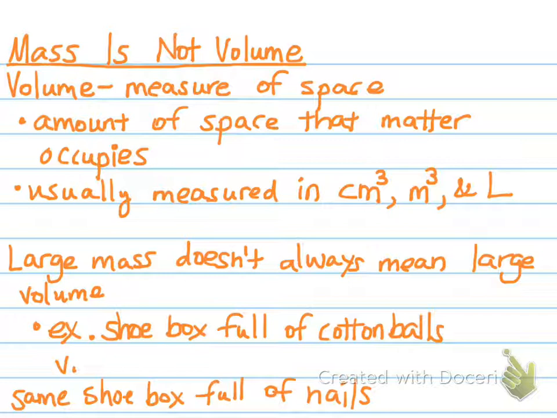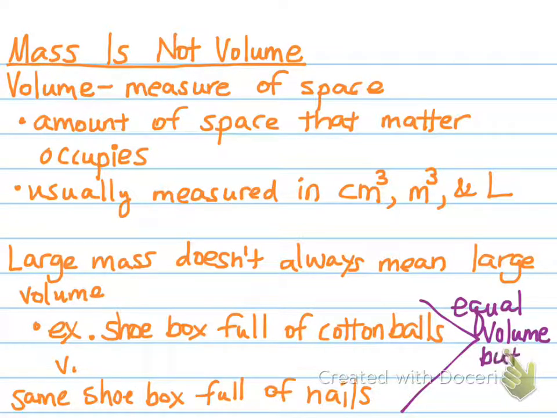These both have equal volumes because they are the same shoebox, but they have different masses. The cotton balls will have much less mass, which means they contain much less matter than the nails do.